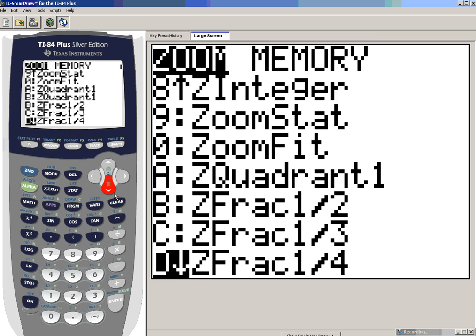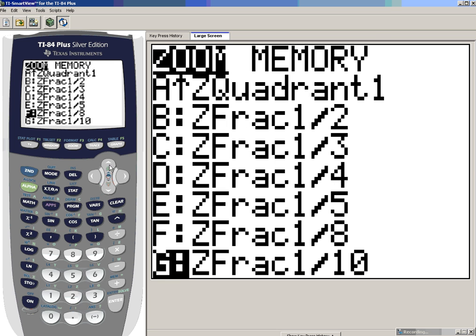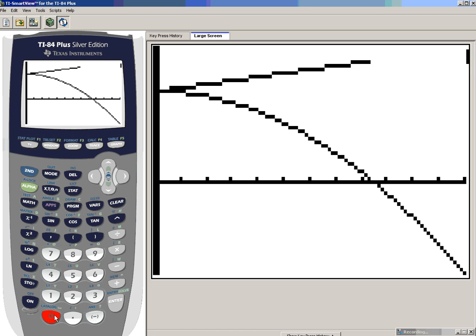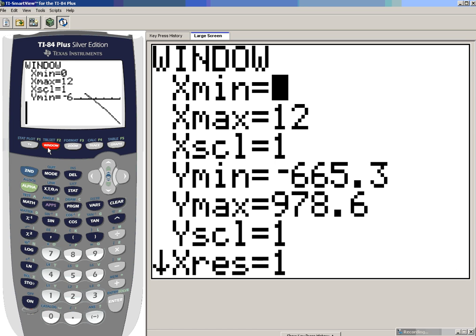Zoom fit is zoom and 0 for most of you, depending on the software you're running. Now we can see a little bit better picture of our graph, and actually that's probably about all we need to do. Let's check our window here. Okay, we obviously don't need y to go down to negative values.